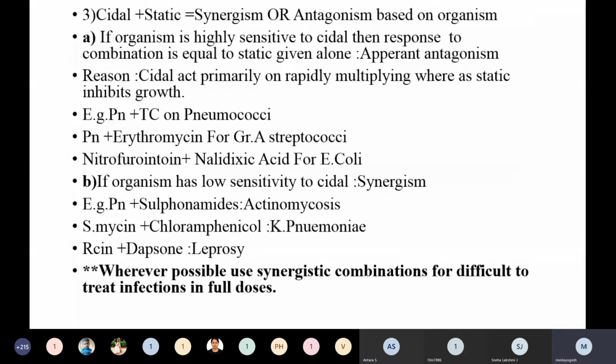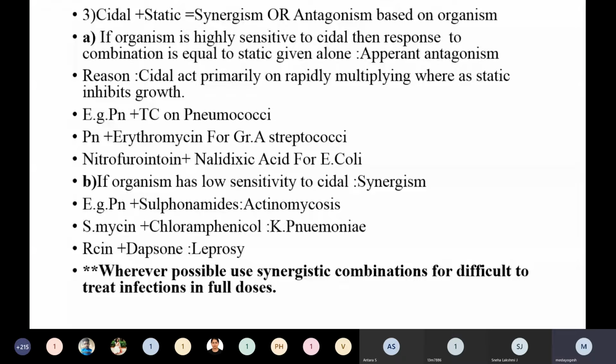Now examples of a cidal drug with a static drug. So either you get synergism or antagonism based on the organism. If the organism is highly sensitive to the cidal drug, then the response to the combination is equal to the static drug given alone. So this causes apparent antagonism. Why is this so?